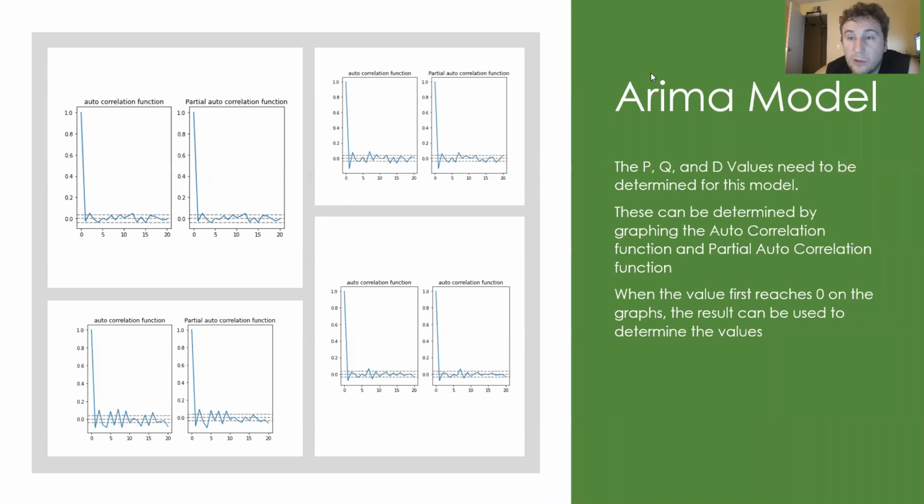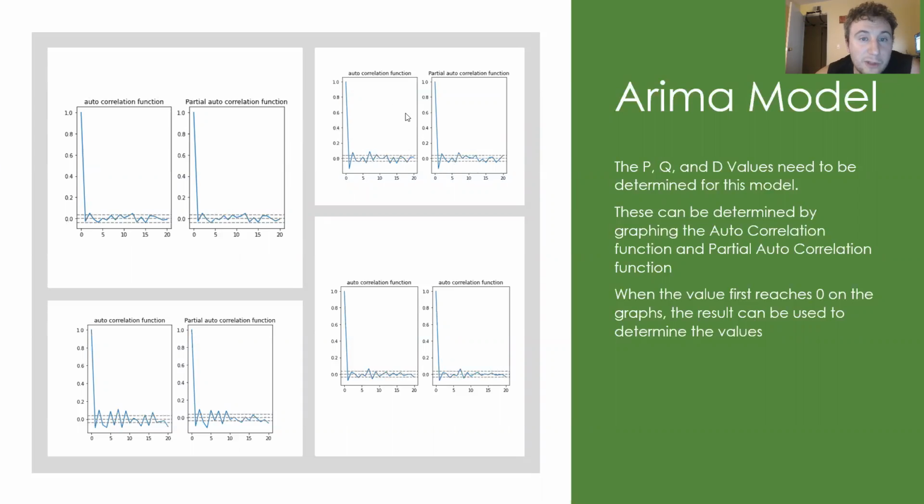So in order to determine how best to fit the ARIMA model, we need to determine the P, Q, and D values that we can plug into the model. And these can be determined by graphing the autocorrelation and the partial autocorrelation functions. For these particular models, right where we see the graph pass 0 for the first time is a pretty good indicator of where we would have our P and D values.